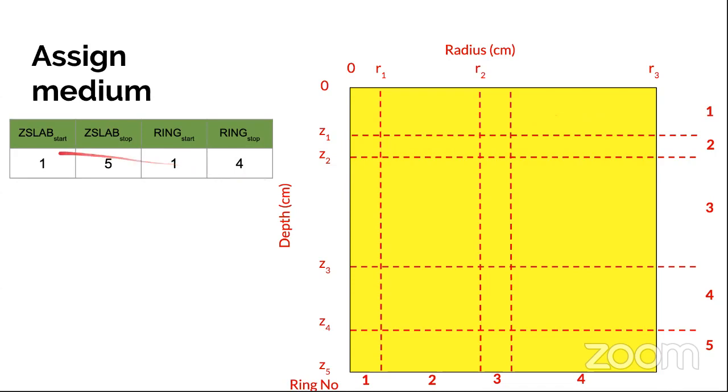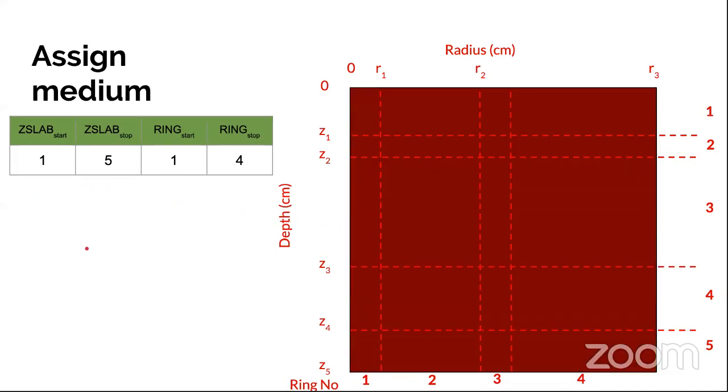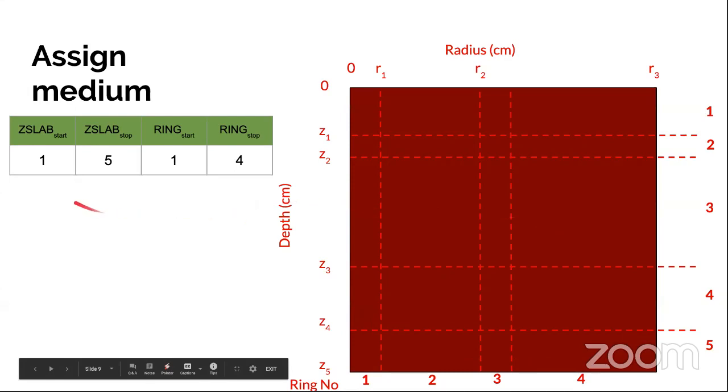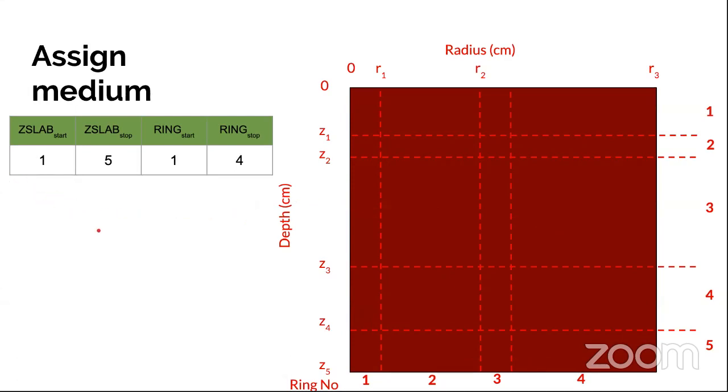That means all the regions from 1 to 4, like this. So in this particular assignment, what should we get? We should get all the regions assigned with whatever medium we're going to put there. It could be water, solid water, whatever medium you have.